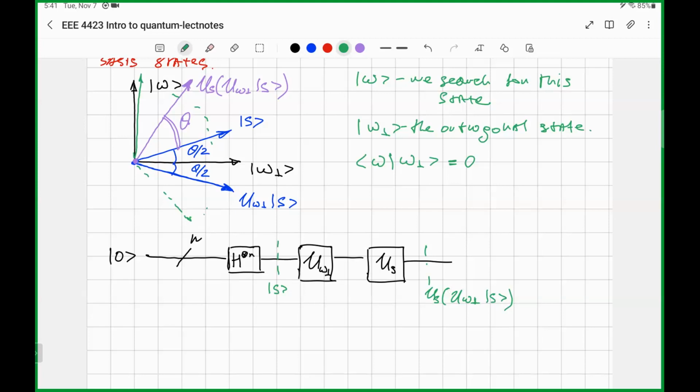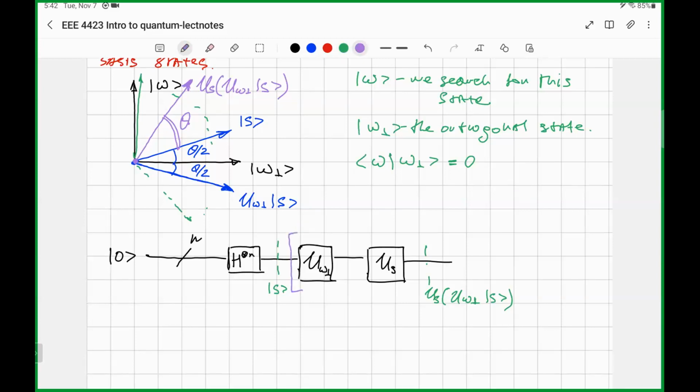And then in the general case, we need to apply this part of the circuit multiple times. It's called the Grover iteration. So we need the Grover iteration in the general case.